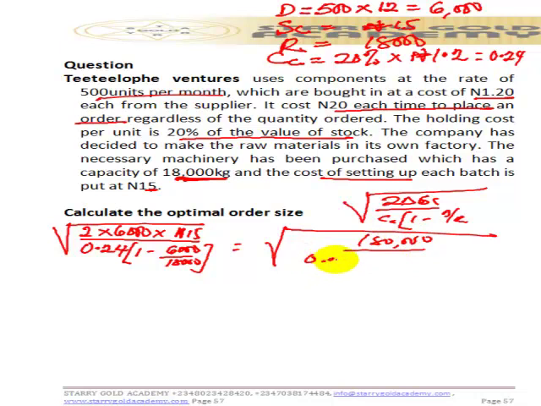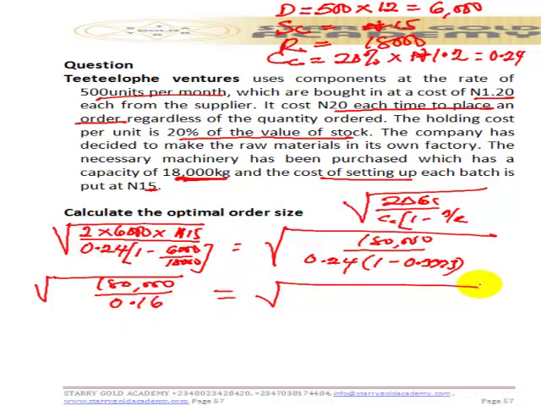Then 1 minus 6,000 divided by 18,000, that's 0.3333 to approximate. So I'll have 180,000 divided by 1 minus 0.333 times 0.24, that is 0.16.